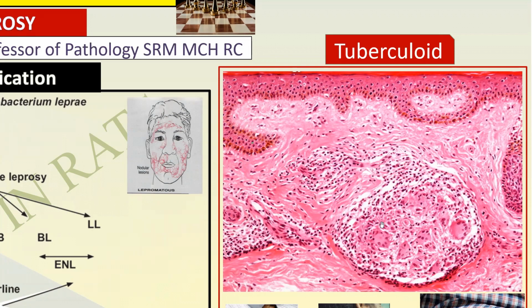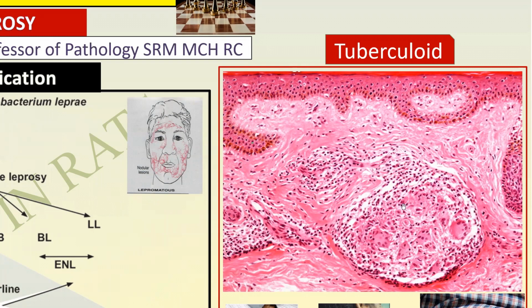So these are the epithelioid cells, large pale cells with vesicular nuclei. And you can get Langhans type of giant cells also. And the dark dots are the lymphocytes. So you find the lymphocytes over here.